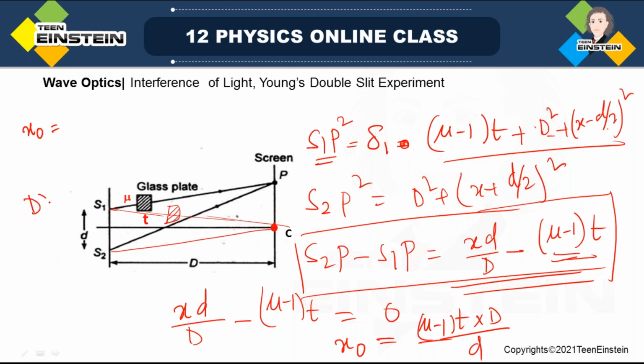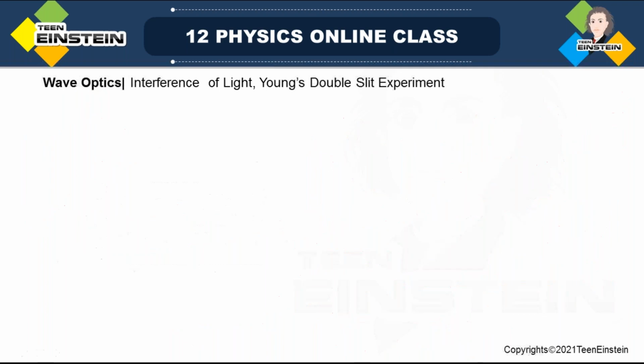See, d lambda by d is beta. So capital D by d will be beta by lambda. If we replace it here, you will get (mu minus 1) into t into beta by lambda.